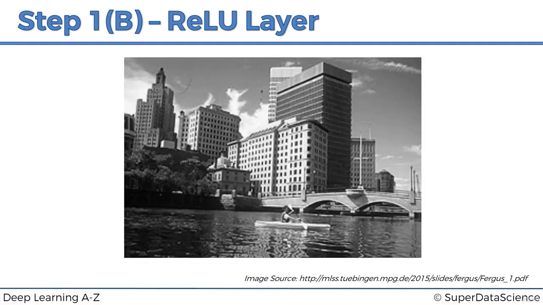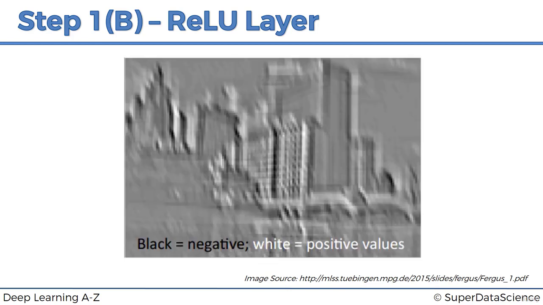Imagine an original image. Now, when we apply a feature detector to this image, we get something like this. You can see here that black is negative, white is positive values. When you apply a feature detector to a proper image, which is not just zeros and ones but has lots of different values, and feature detectors can have negative values in themselves, sometimes you will get negative values.